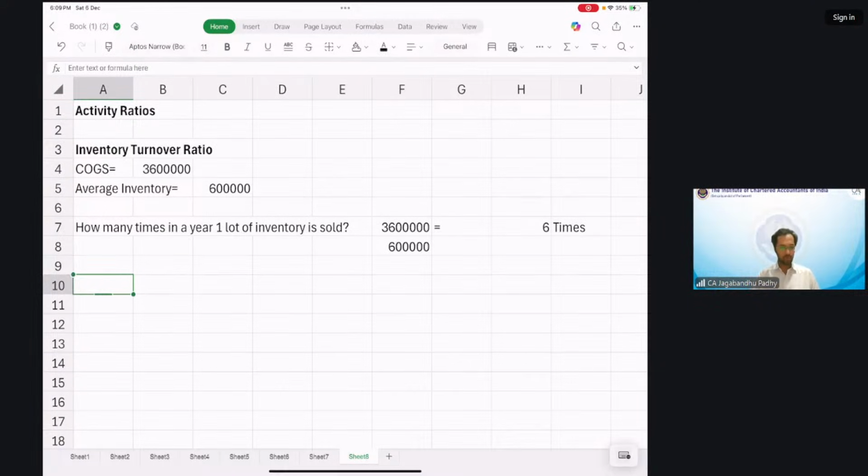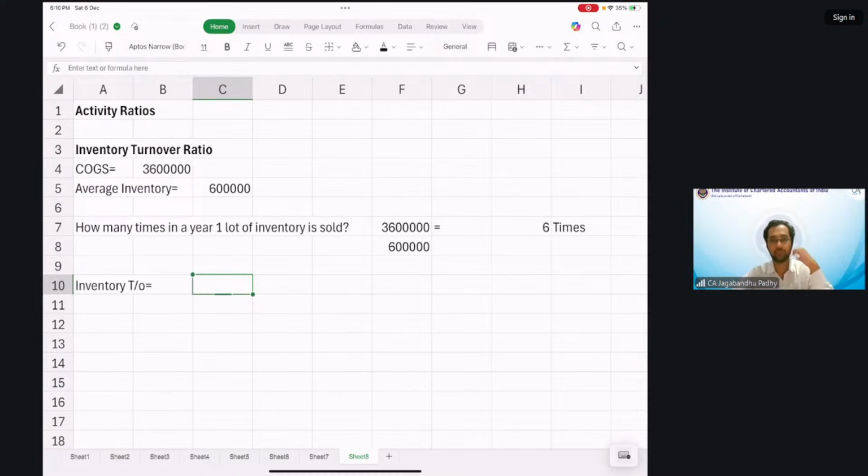So can you tell me what will be the inventory turnover ratio formula? Can you tell me what will be the formula for inventory turnover, guys? COGS upon average inventory.